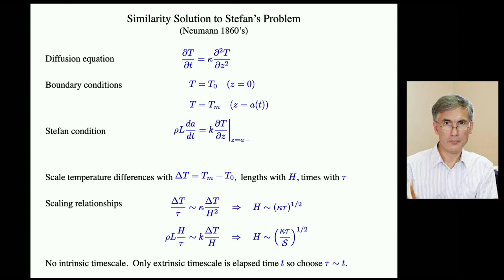So let me write down what it is here. S is L over Cp delta T. Very important parameter in this subject. But both of these tell us that H is proportional, with just a constant of proportionality, to the square root of diffusivity times time. So although I thought I had two relationships to determine two scales, actually they both give me the same information.